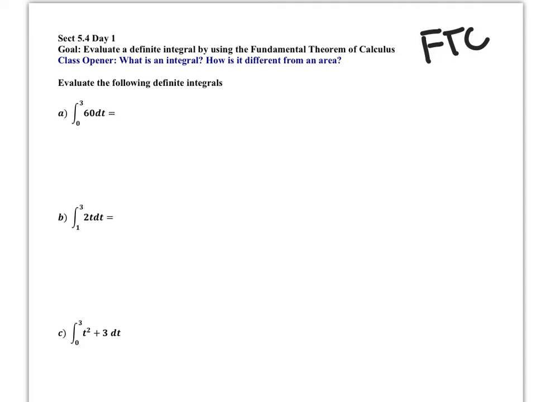Okay, so if I were to graph part A, here's my t axis and my f of t axis. 60 would just be a horizontal line at f of t equals 60 from, it looks like, 0 up to 3.